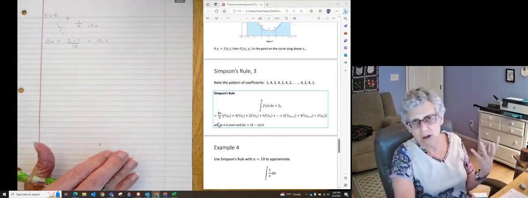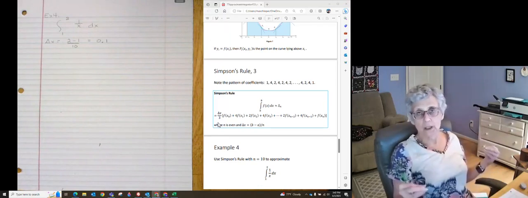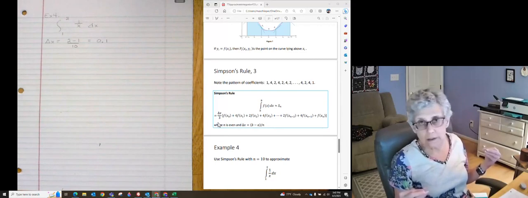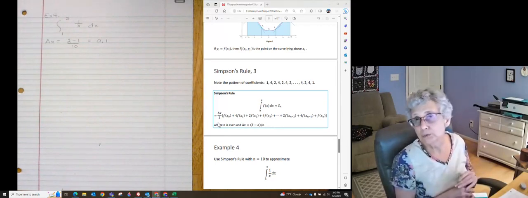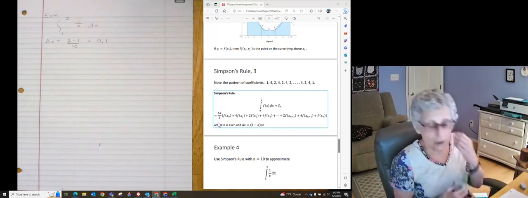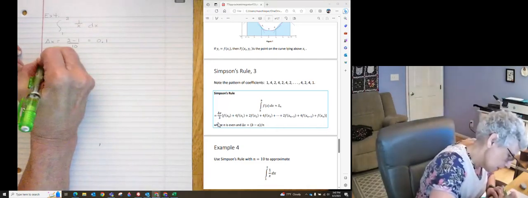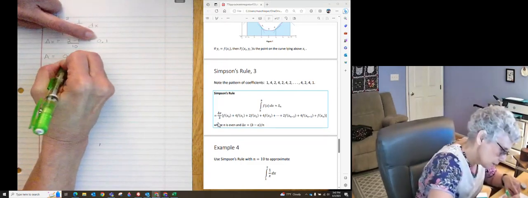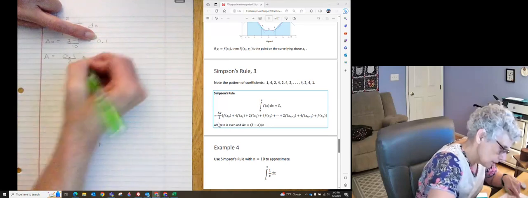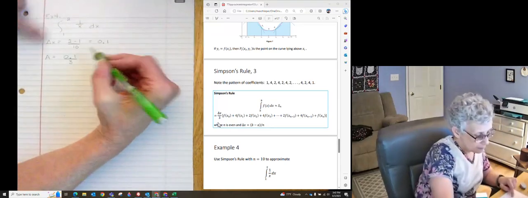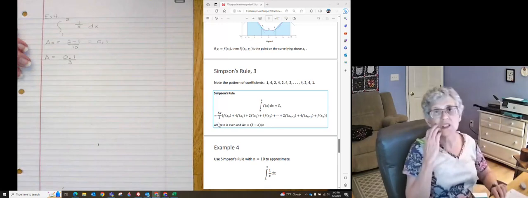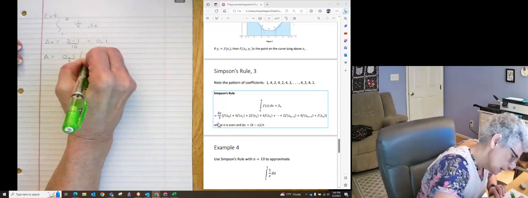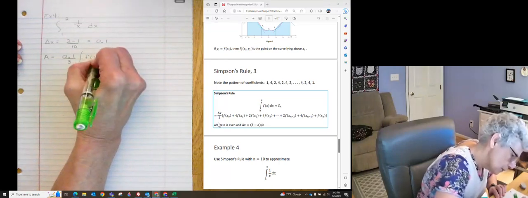And now let's just write down the formula for it. If nothing else on test day, if you think you're going to get lost in all these numbers, at least write down the formula and the pattern and you'll get most of the points. So area is equal to delta x over 3.